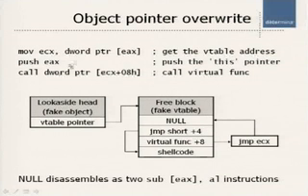And then if we have these assembly instructions for the virtual function, the address of the object will be in EAX, and the address of the vtable will be in ECX. So when we execute the jump ECX instruction, we'll jump to the beginning of the free block. At the beginning of the free block, we'll have a null pointer because this is the end of the linked list on the look-aside.